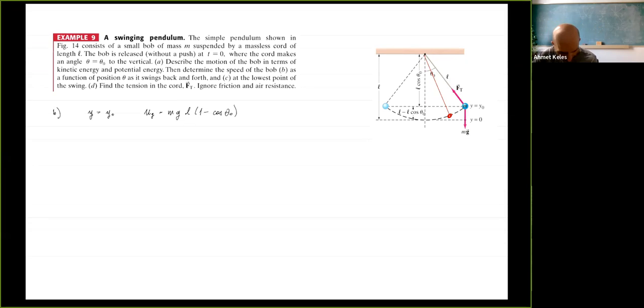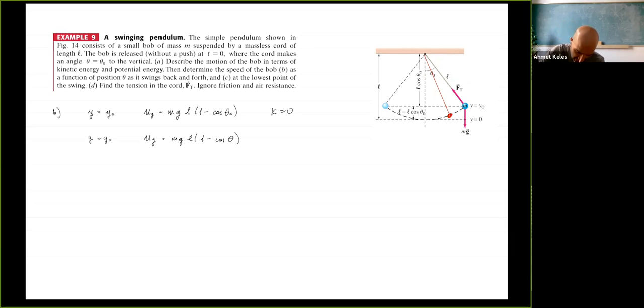Now at this intermediate point here, I have some potential energy. Let me write it as a general y. Here, kinetic energy is 0. Now U_g, we already calculated this, mgL(1 minus cosine theta). Now this theta is some other theta, which is not necessarily theta naught.